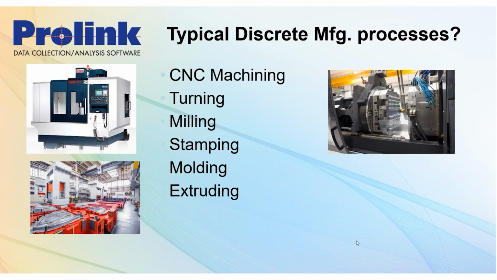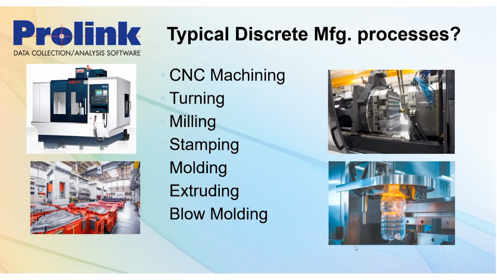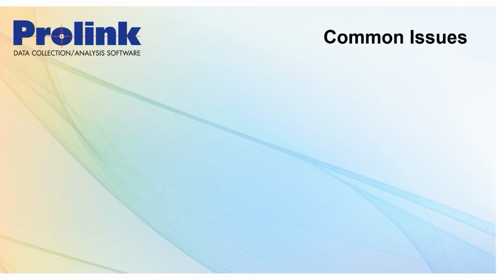Very, very common to do measurements and close quality control there. And then, of course, there's even something unique like blow molding that we handle extremely well and keep track of the data there. Frankly, there are many, many more types of manufacturing out there that can be using our products.